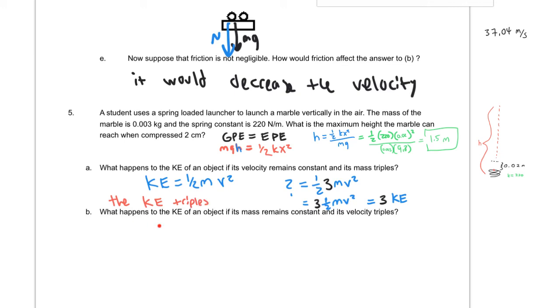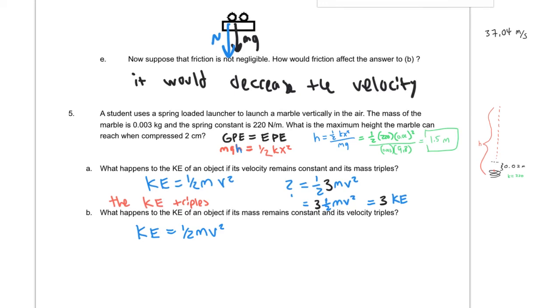Okay. What happens to the kinetic energy of an object if the mass remains constant and the velocity triples? Well, that one's a little bit trickier because, once again, here's the original thing. And we're imagining a situation where the mass stays the same, but the velocity is tripling.